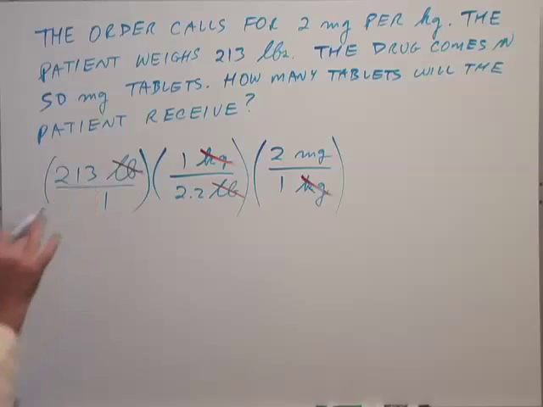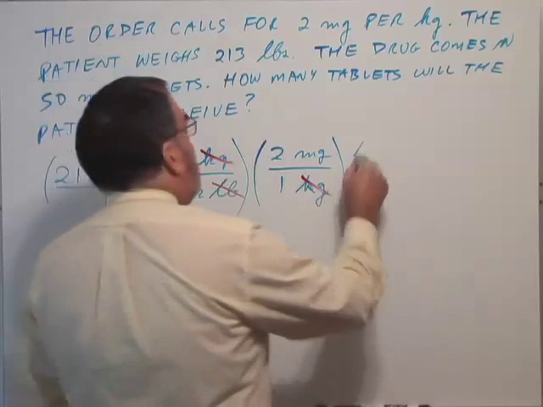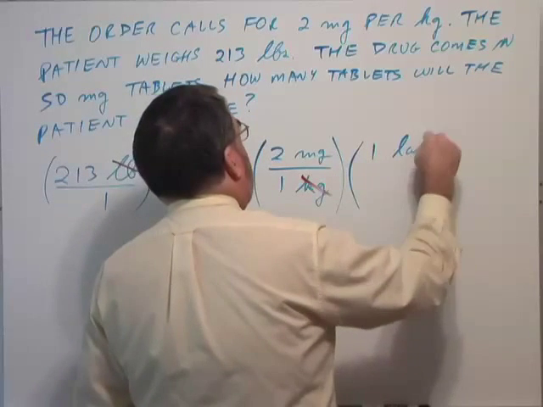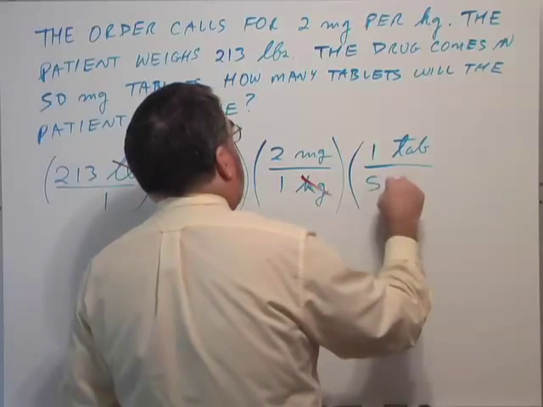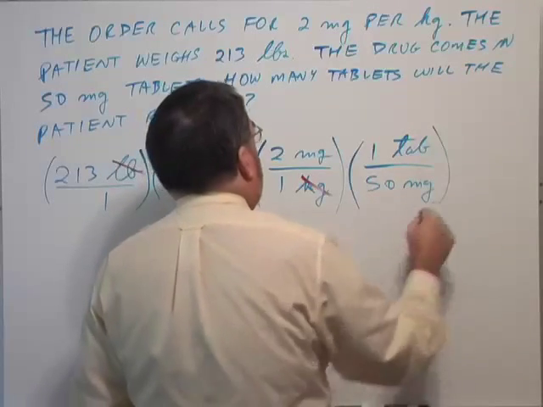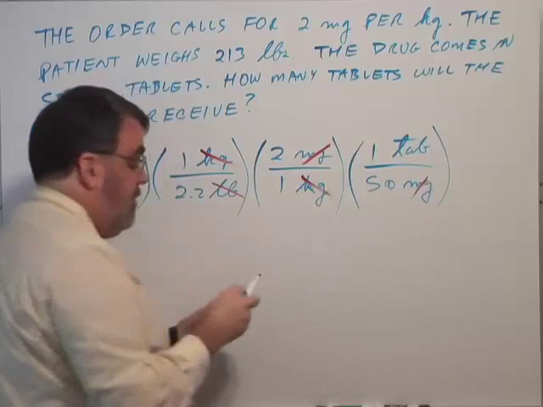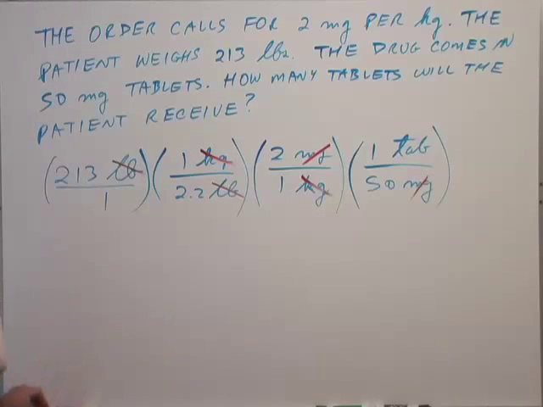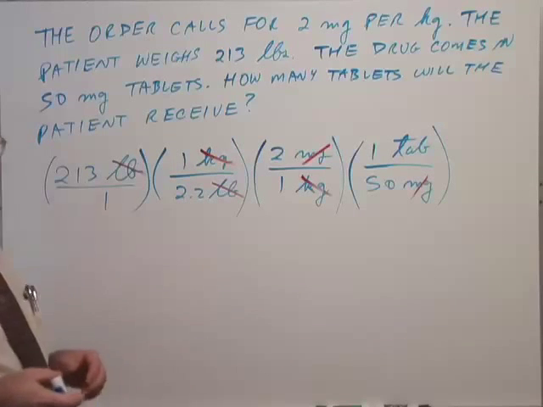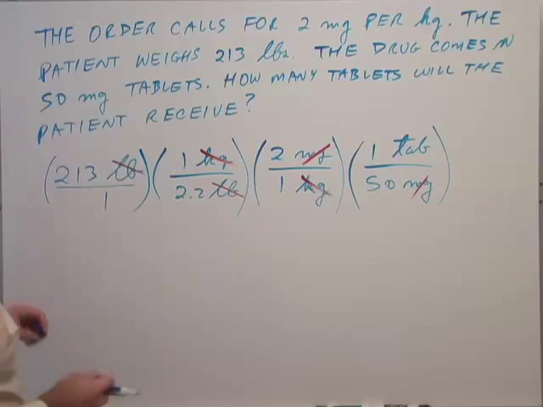So 1 tablet equals 50 milligrams. I need tablets in the numerator. 1 tablet over 50 milligrams. And milligrams cancel, leaving tablets. So our calculation is worked out as far as the units go, and now it's just a matter of finishing up the arithmetic.